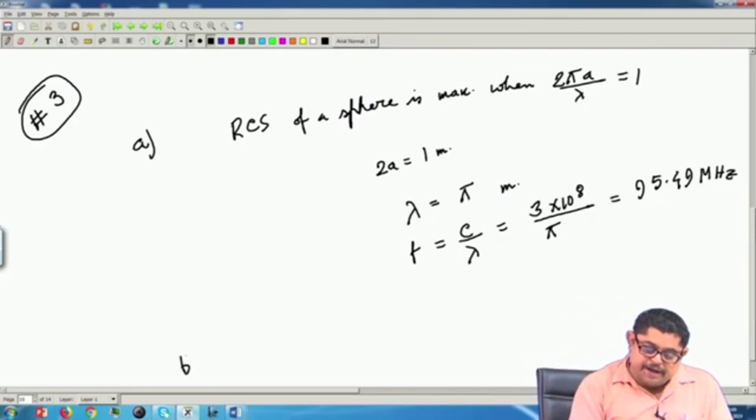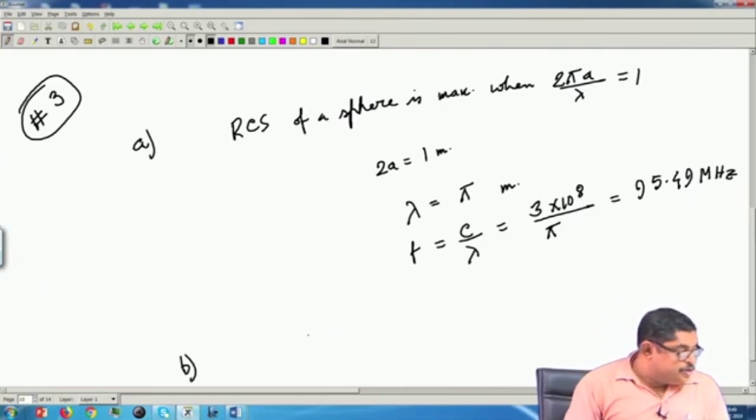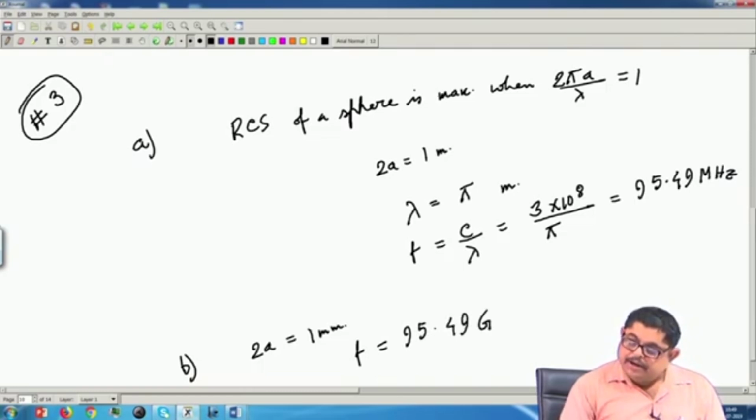Now, the same thing I want to observe now a ball bearing of 1 millimeter. So, here the only change will be that 2a is 1 millimeter. Now, the rest of the thing you do, and so f will be 95.49 gigahertz.